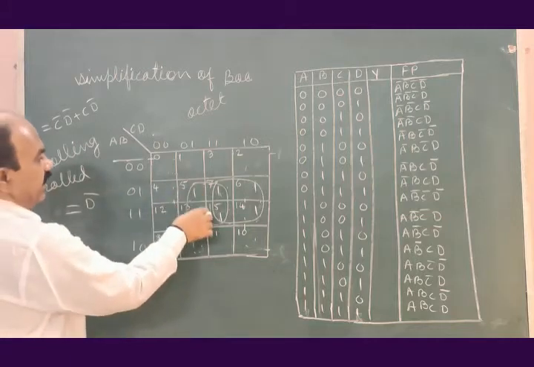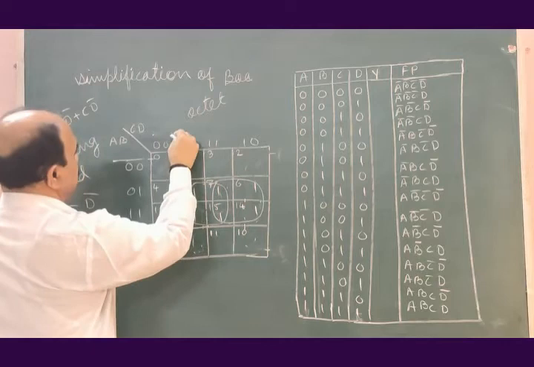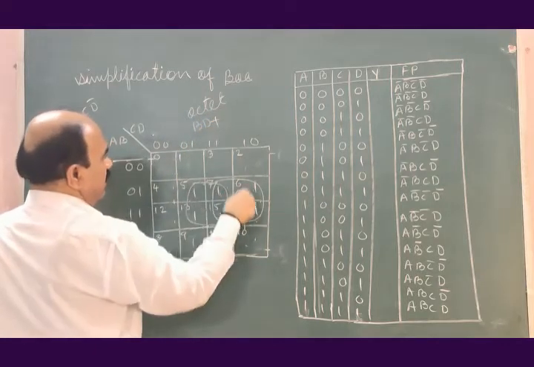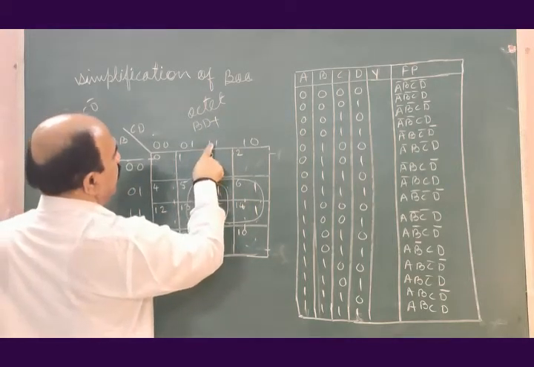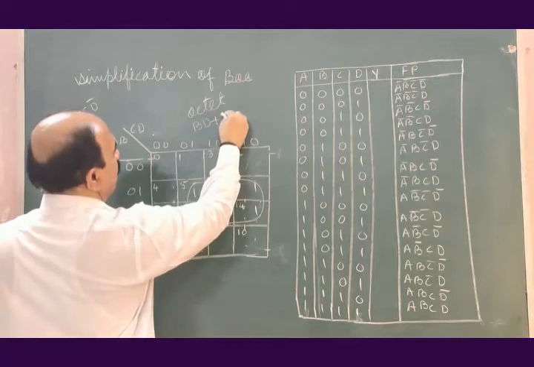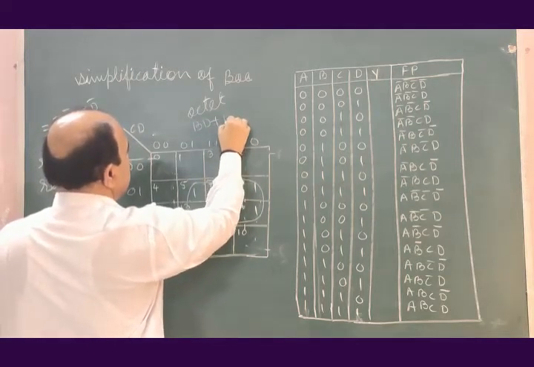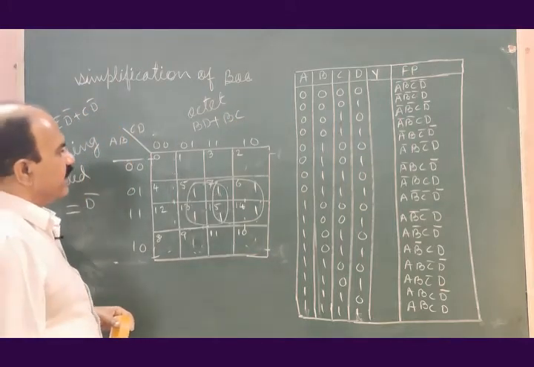This will be: A will go away, B and D. First will be B, D, or second, B is left, A will go away and D will go away. So it will be B, C. Very simple.